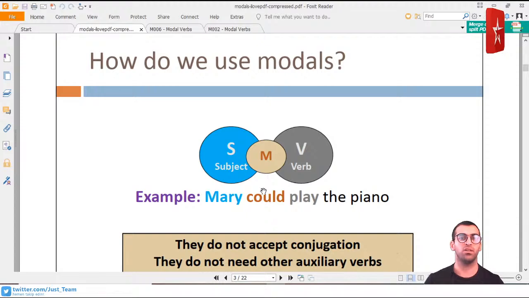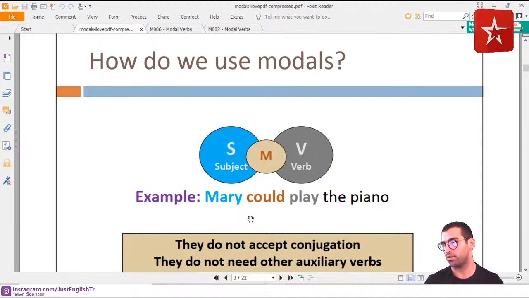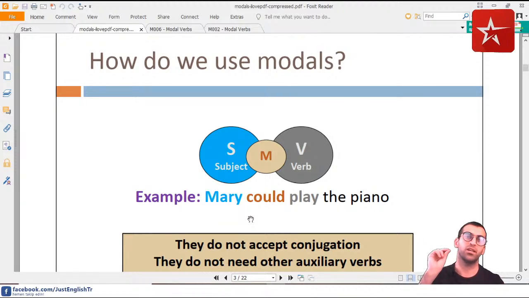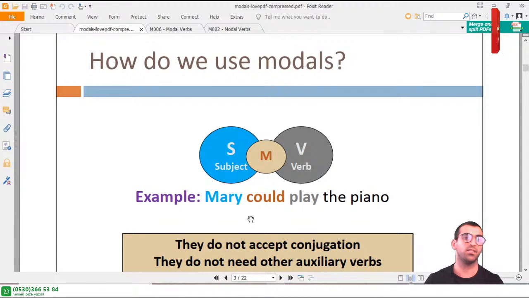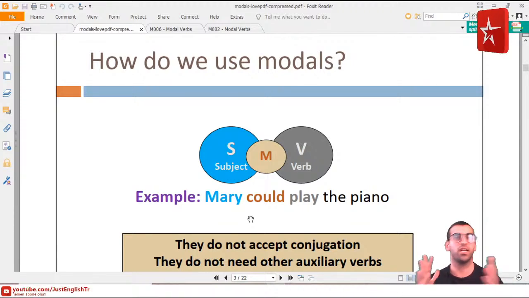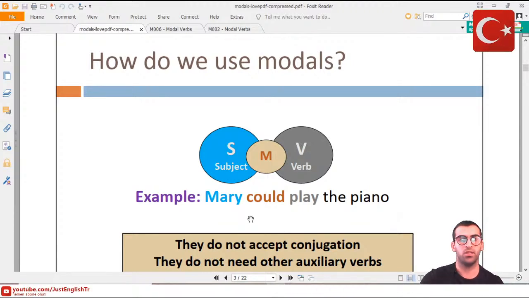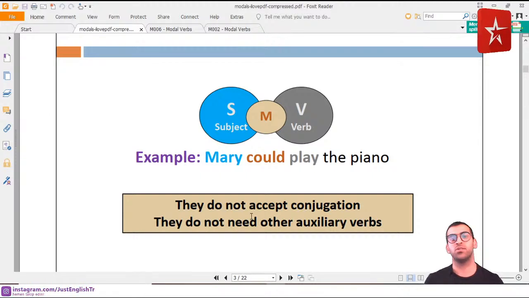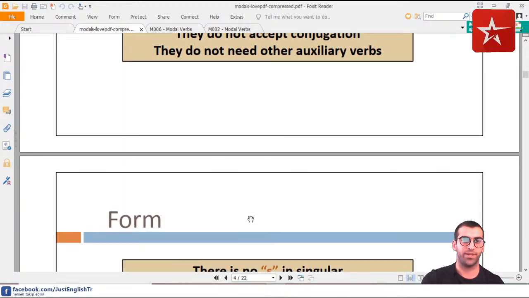For example, as you see on the screen, Mary could play the piano. Mary can play the piano. Modal verbs, like auxiliary verbs, come after the subject and before the main verb, and they don't accept conjunctions and they don't need other auxiliary verbs. So please keep that in your mind.